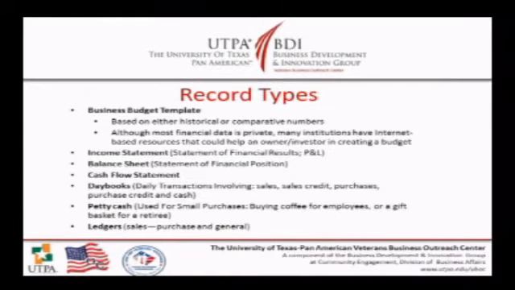You also have petty cash that you're going to keep around the office, maybe just to buy coffee for the employees or a gift for someone. And your ledgers are generally your purchase ledger and your general ledger. I think it's real important here to understand the difference between a ledger and a day book or journal. And the journal deals with your daily transactions.